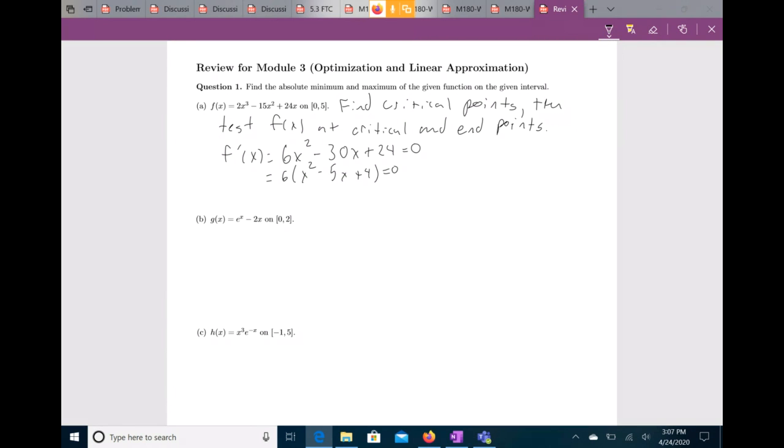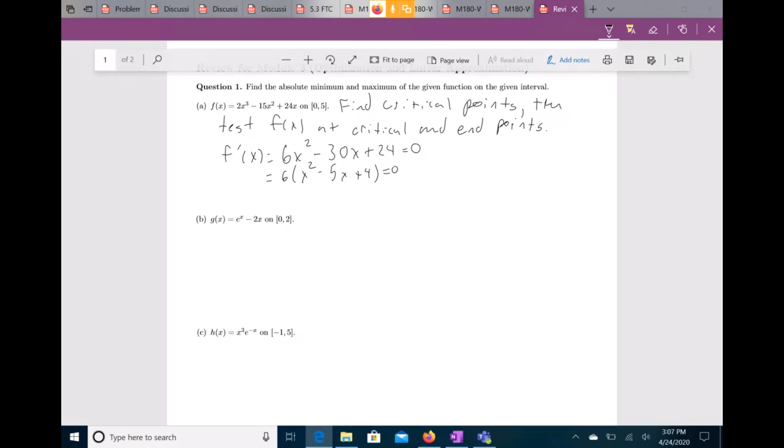All right, so if I factor out 6, then I'm left with x squared minus 5x plus 4, and hopefully we can just factor this into two linear terms. To multiply to 4, they either need to both be positive or both be negative, and they need to add up to 5.